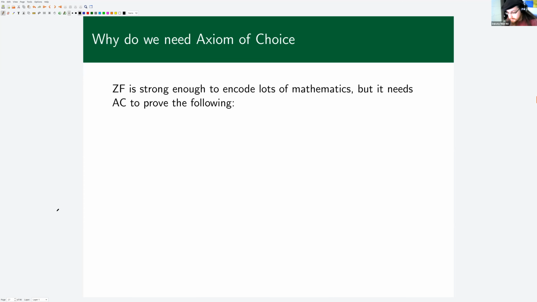Here are some examples of things you might want to be true. A countable union of countable sets being countable. This is not provable in ZF. You need a weak form of axiom of choice.